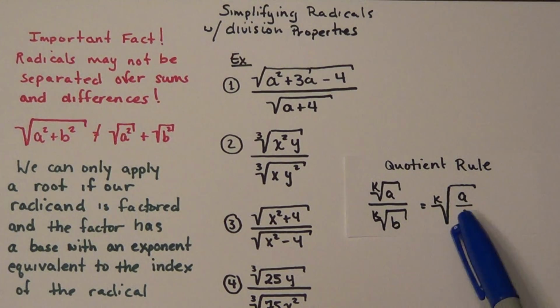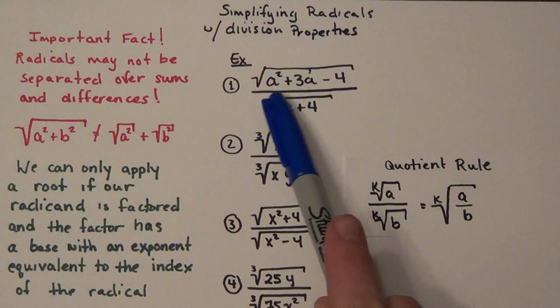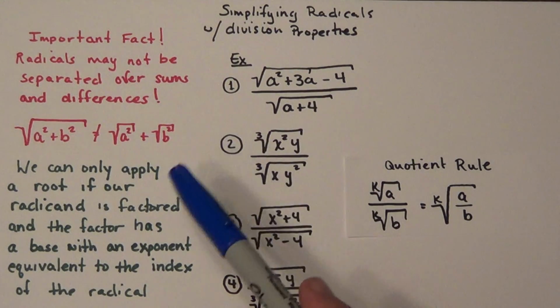Now, the reason that we use this one, remember, all revolves around whether they have common factors. Well, by this point, I would hope that you know how to factor an algebraic expression, and in this particular one, we have a quadratic expression divided by a binomial.